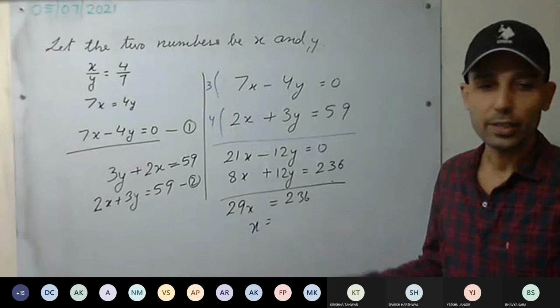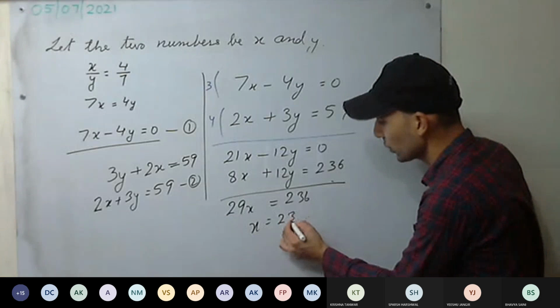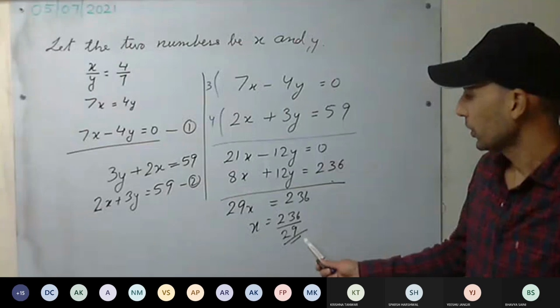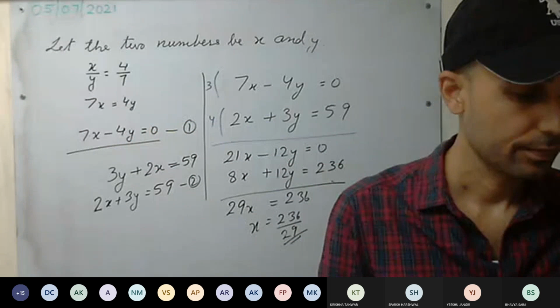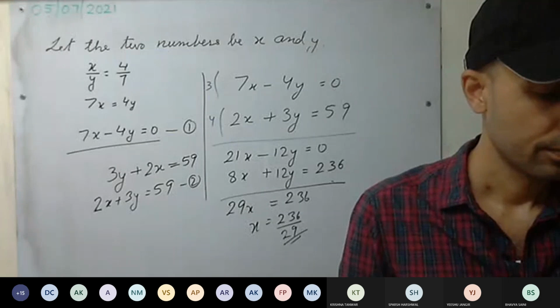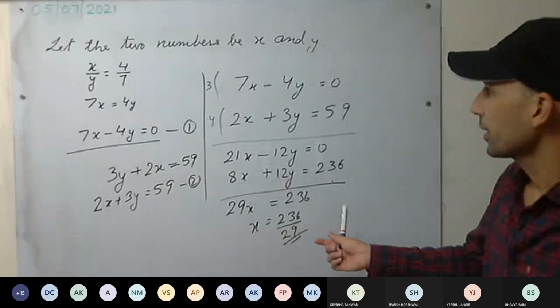Calculate the value of x and y. X is 236 upon 29. Put it there and calculate the value of y. X is clear.